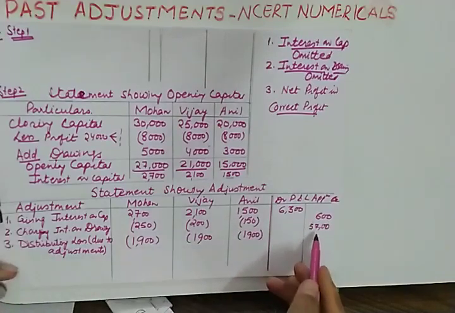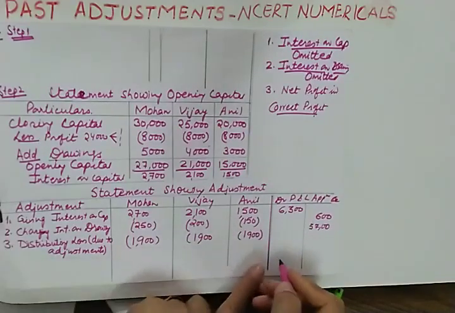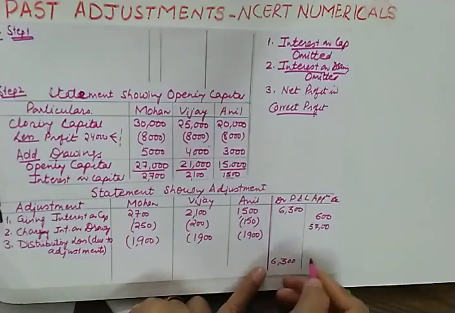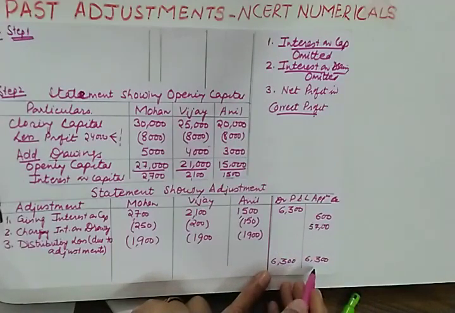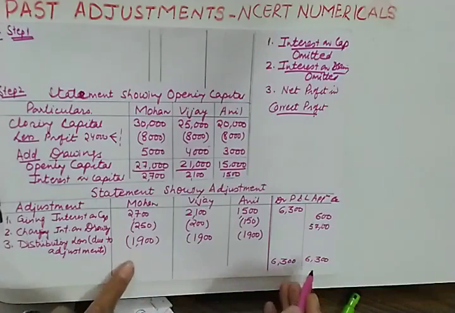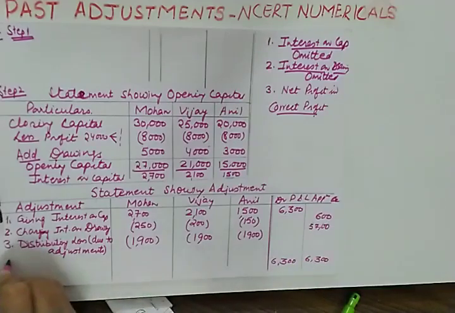Now see, this account is balanced. Here you are getting 6300 and here also you are getting 6300. So whenever this account is balanced, then you will start calculating the balancing figure. So this is the next point, calculation of balancing figure.